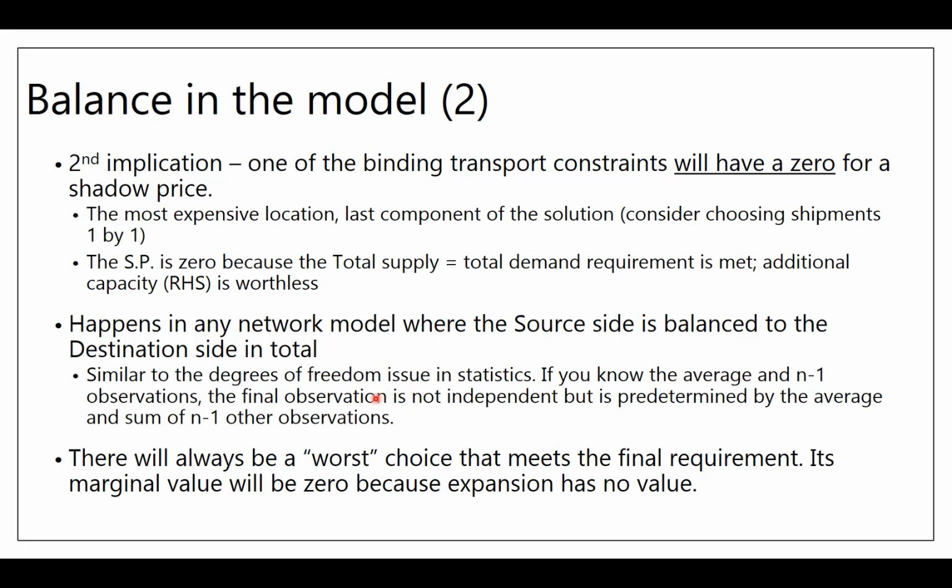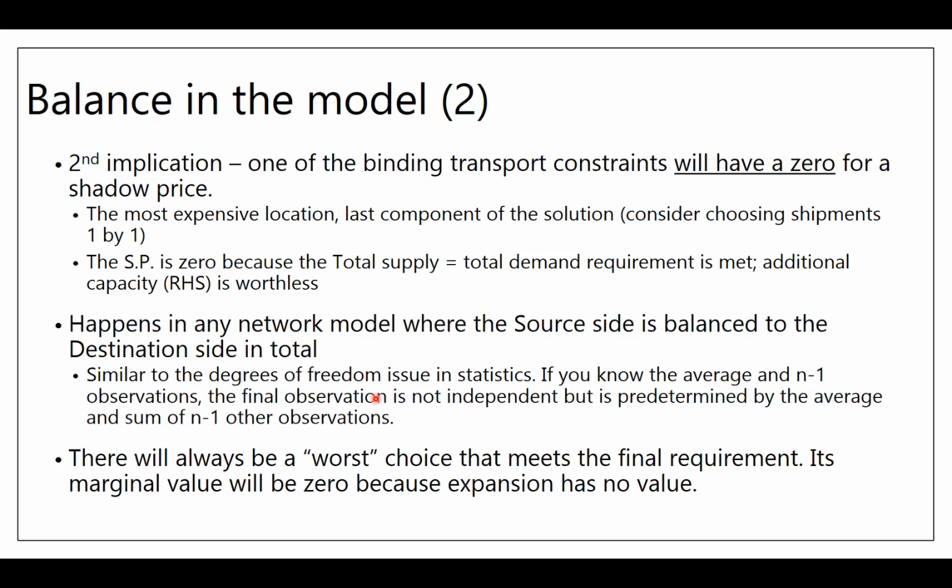You can think about it like the degrees of freedom issue in statistics. If I see 10 people and you tell me the average height is 5'8", I only need to measure the first 9 people, because the last one has already been given to me. I can back it out of the average.